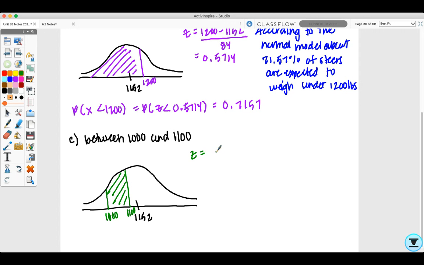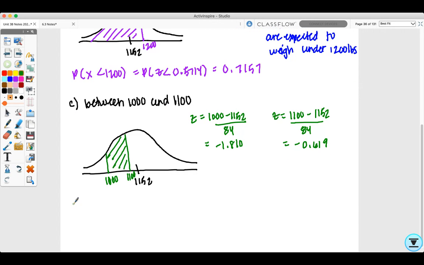I would find my Z's. 1,000 minus 1,152 all over 84. That would give me negative 1.810. My other Z would be 1,100 minus 1,052 all over 84. That would give me negative 0.619. So the probability that 1,000 is less than X, which is less than 1,100, when I standardize it, would be the probability of negative 1.810 is less than z, which is less than negative 0.619.